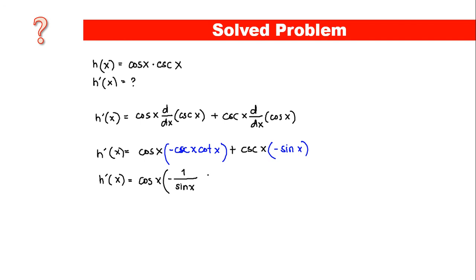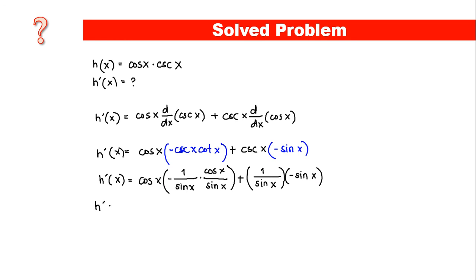Right? Tapos, multiplied pa natin yan sa cotangent, which is cosine x over sine of x. And also, plus, ang cosecant x ay 1 over sine ng x times the negative sine of x.